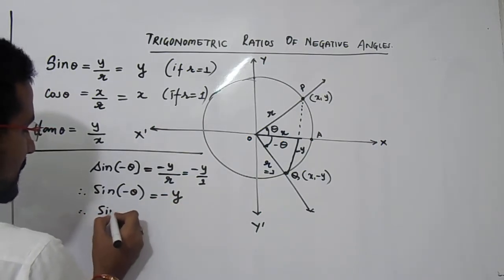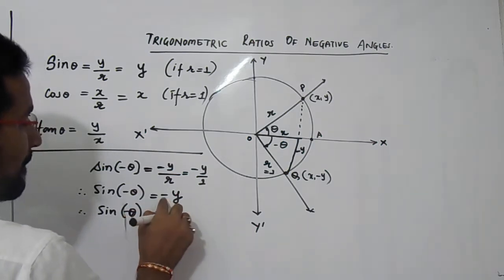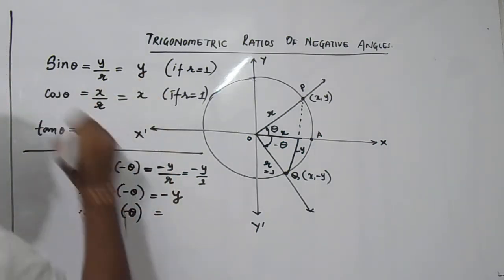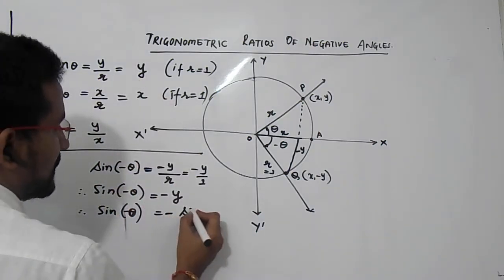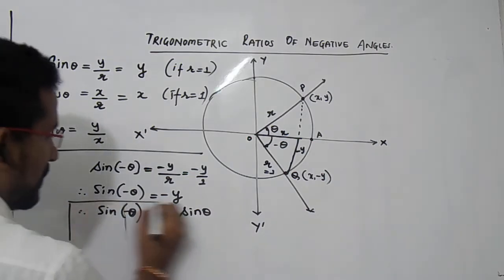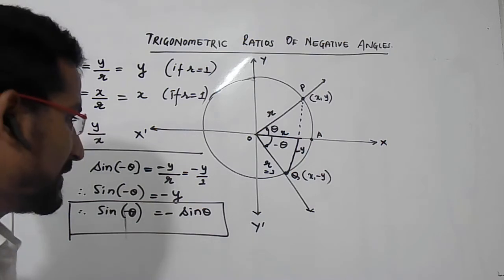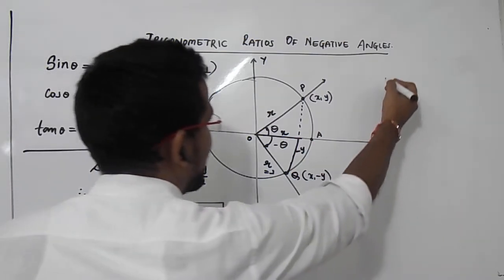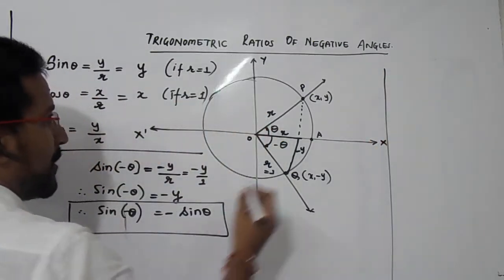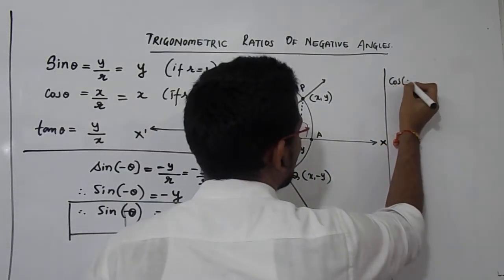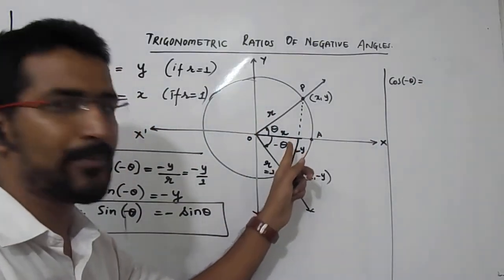But we have already seen that y is equal to sine theta. So sine of minus theta is equal to minus sine theta. Similarly for cos theta: cos of minus theta is adjacent upon hypotenuse.